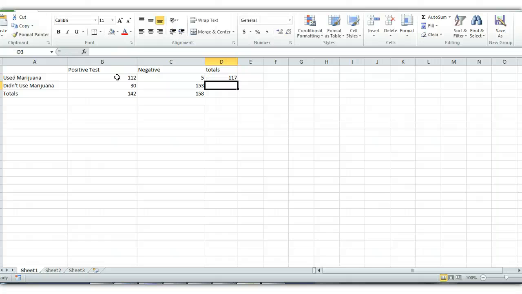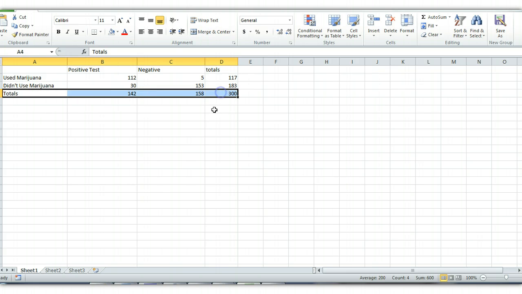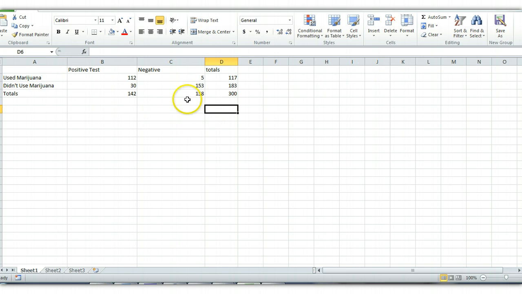Didn't use it is 30 plus 153. Alright, and then your total is, you can either add the 117 and the 183, or you can add the 142 and the 158. Okay, these two things have to add to this number, and these two things have to add to this number. Alright, so these total columns and total rows here are really important, so make sure that you're finding those.